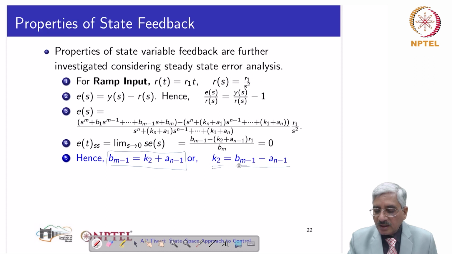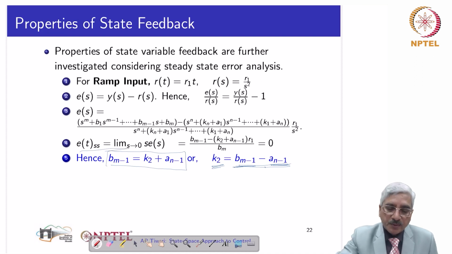So if we choose K2 as the difference of Bm minus 1 and An minus 1, where Bm minus 1 is the coefficient in the numerator and An minus 1 is the coefficient in the denominator of the open loop system, we get K2 like this.